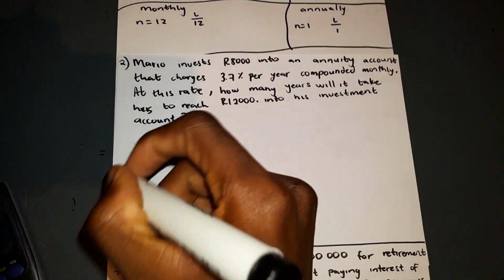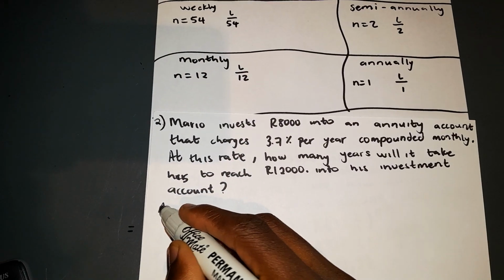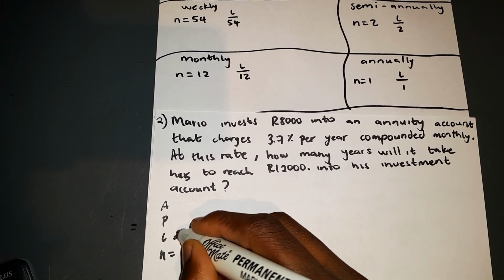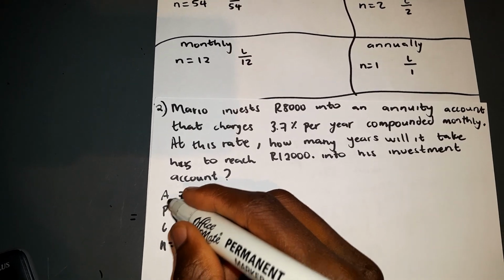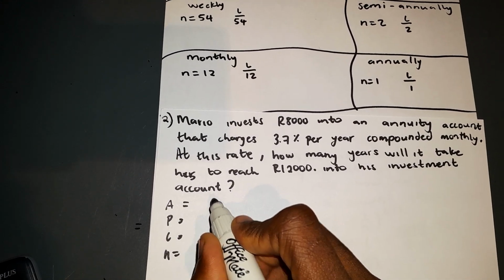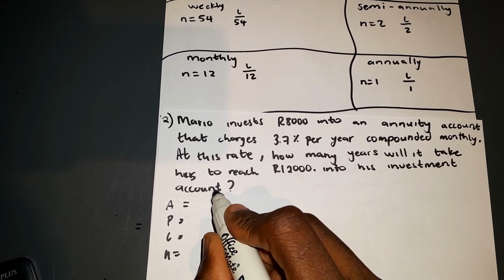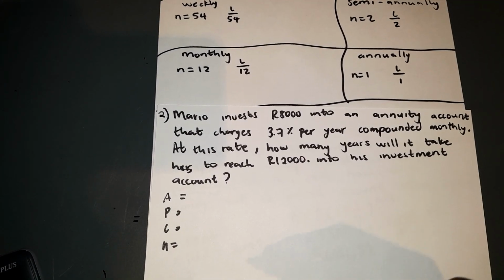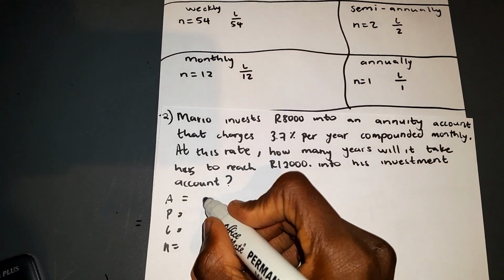So let's try to jot our data down. What is our A? The accumulated amount, which is the money that he wants to have after so many years, which is 12,000 rands.